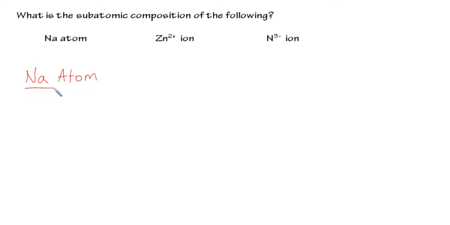Sodium atoms. Sodium is element number 11. So we would say there are 11 protons. There should be 11 electrons. To get the number of neutrons, we look at the atomic mass, which on a periodic table is going to be a decimal, and that represents a weighted average of all the isotopes that exist.